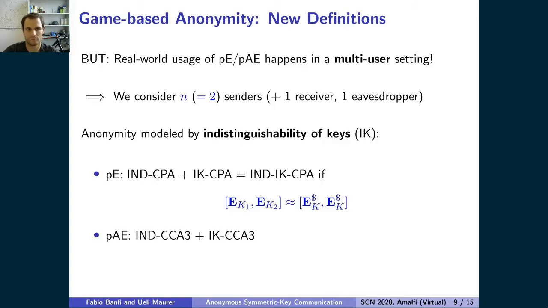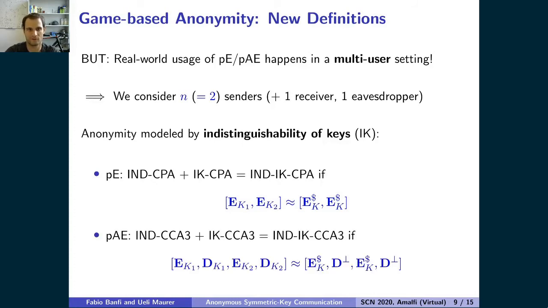On the other hand, for PAE, we similarly define a new notion as follows. We have, again, two pairs of systems, one implementing encryption and decryption for a key and the other for another independent key in the real setting. And in the ideal setting, we have, again, two pairs of systems, but where the key is the same.